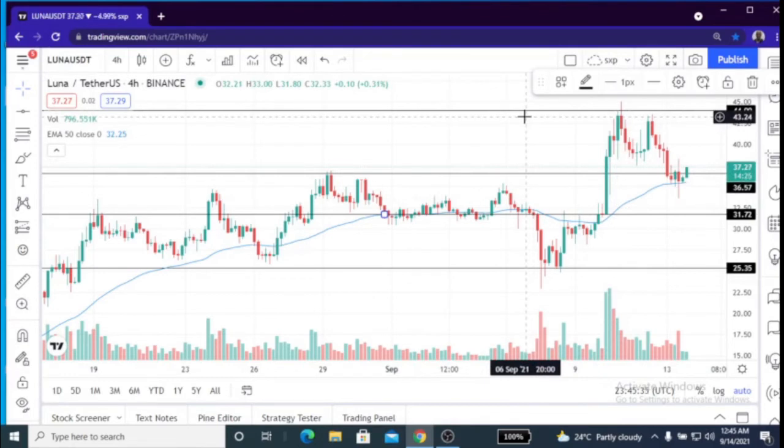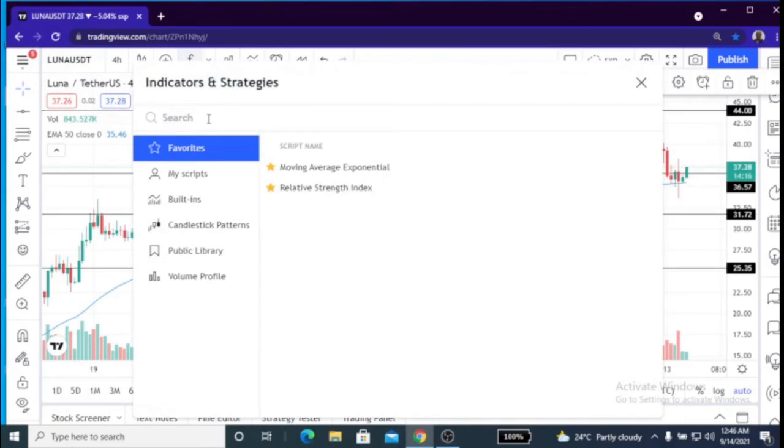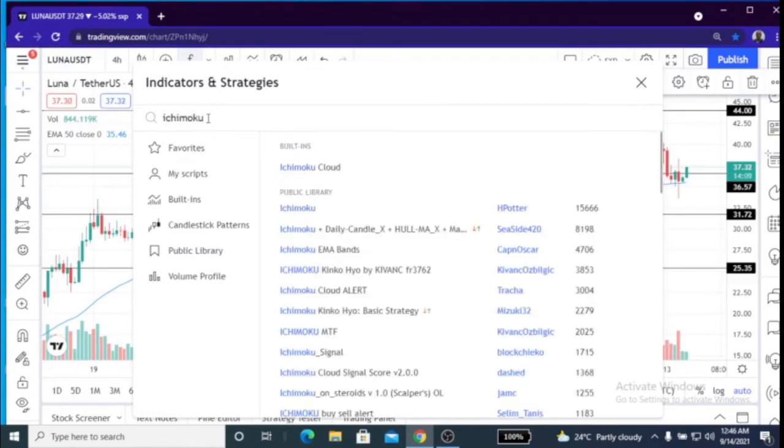So the next indicator that we'll need to put in this chart to confirm our entries is to use the Ichimoku cloud. So I'm going to type Ichimoku cloud.